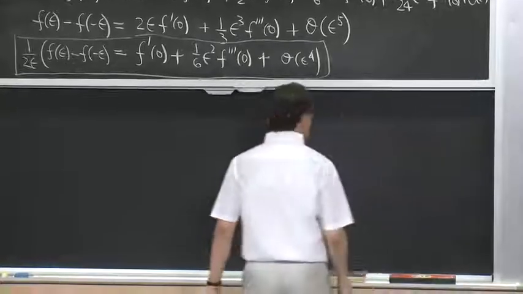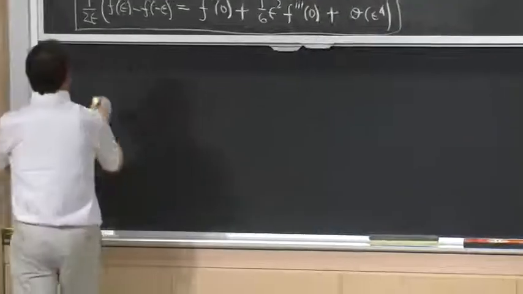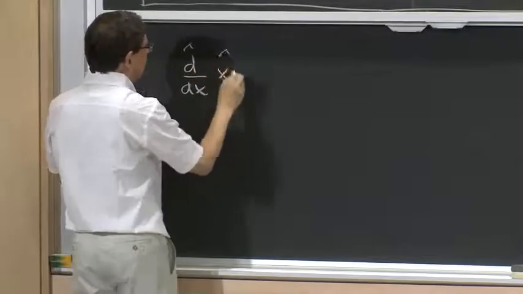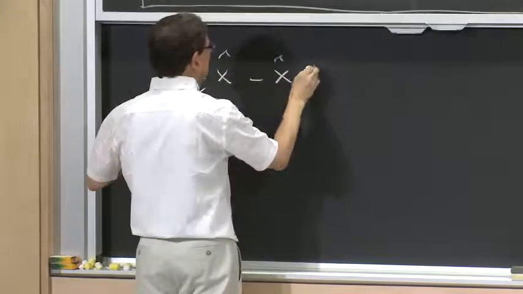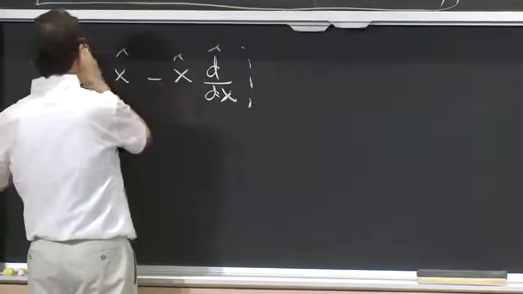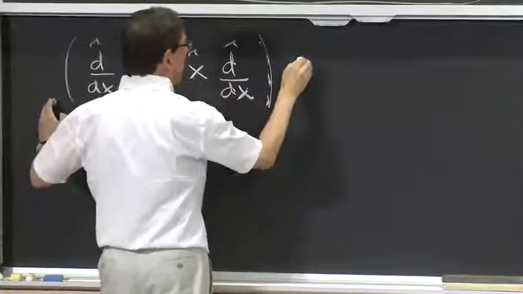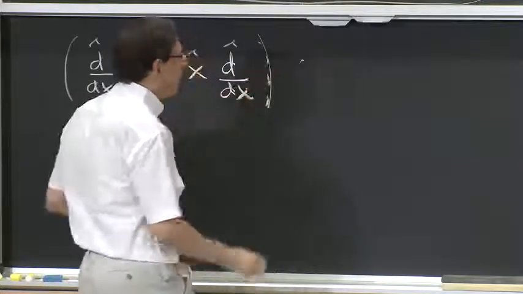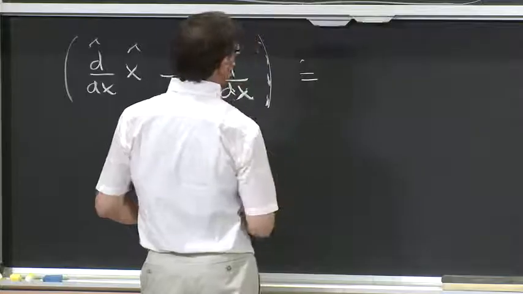So our relation has become the following: d dx x minus x d dx. And now I'll put here, if you were acting on a function, think of it. You were acting on a function.